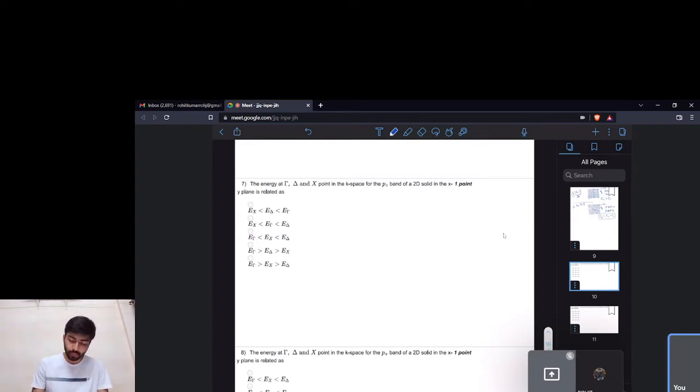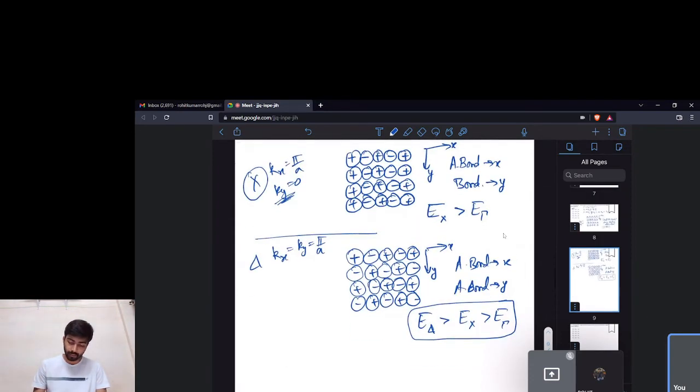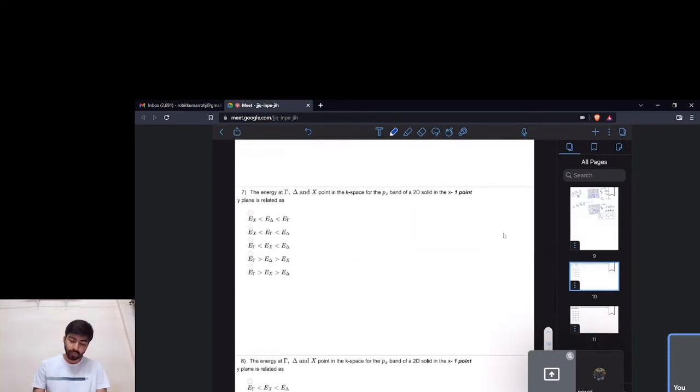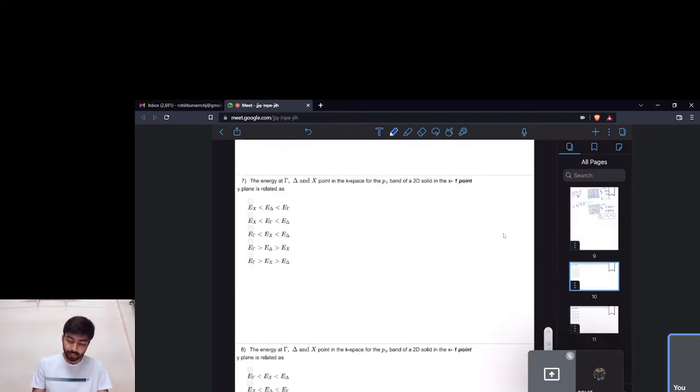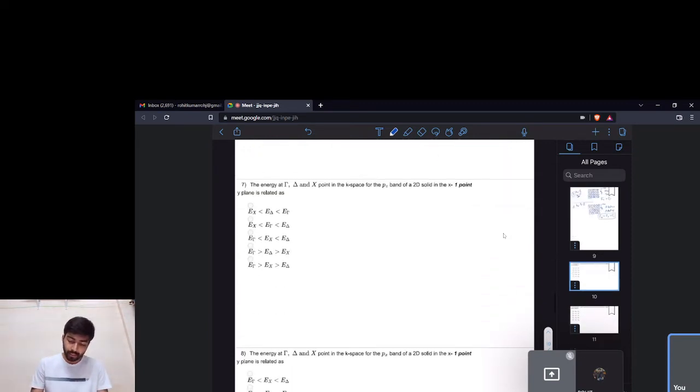Now what we'll do is, rather than drawing spherical orbitals for s orbital, we'll be drawing pz bands. What would the pz band do? The pz orbitals are perpendicular to both x and y direction.